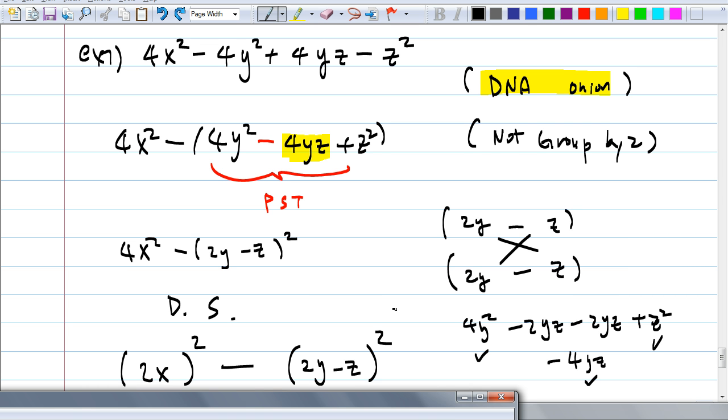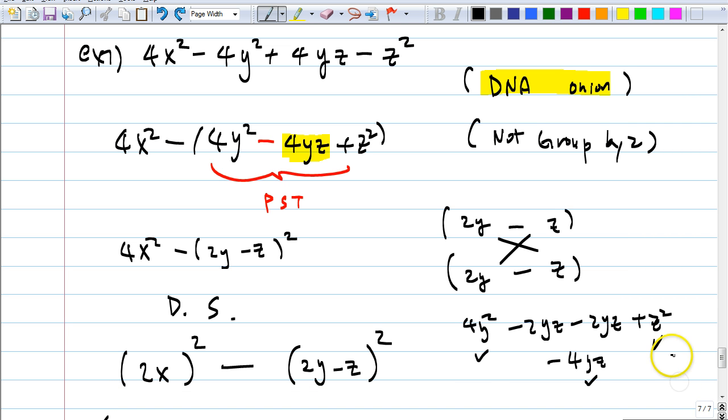Who could tell me what to write? It's going to be something plus something times something minus something else, right? What's your a? Class, what's your b? Somebody tell me what to write. Doesn't that become a plus b times a minus b? Quickly, I'm running out of time here.